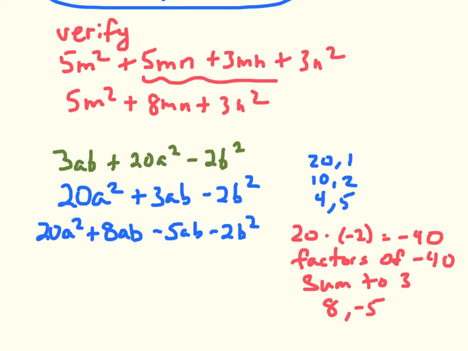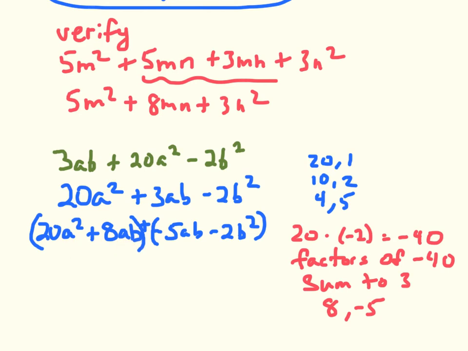So I'm going to sneak an addition sign in here, and I'm going to group here with that negative on the inside of the parentheses. Now let's factor these two terms.